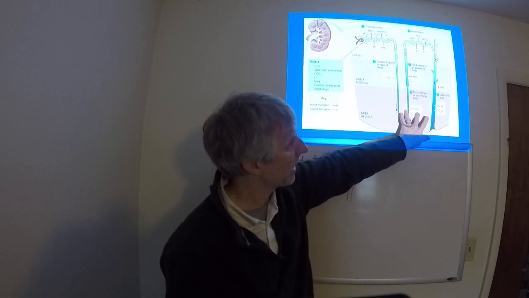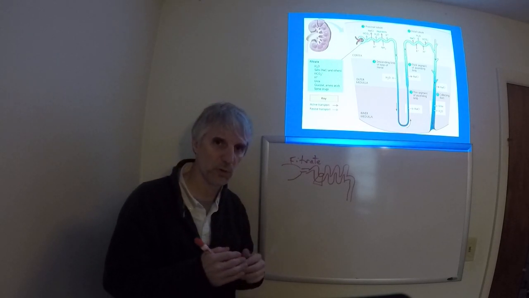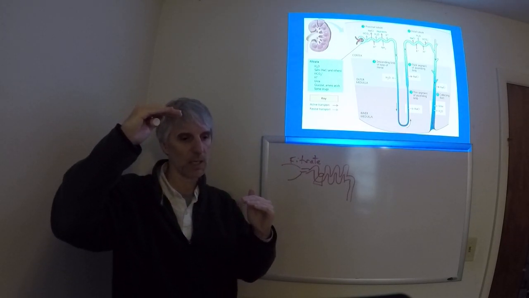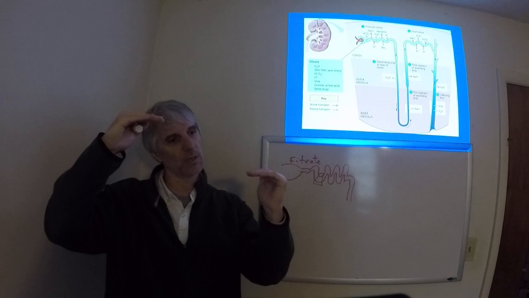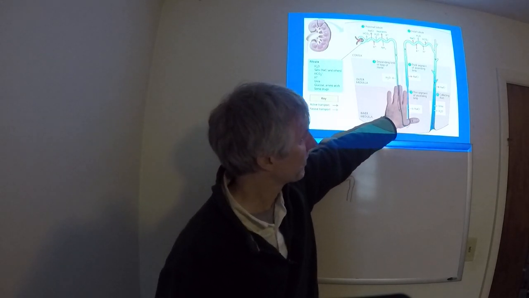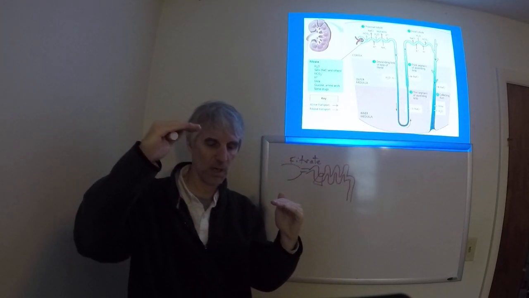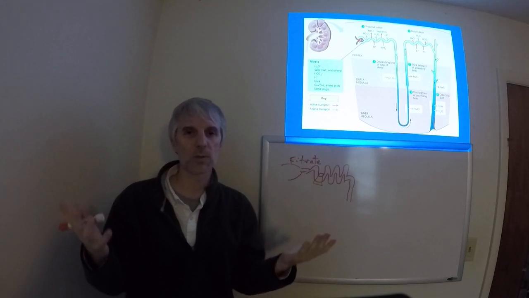And as we increase that concentration, we get less water movement, because as we increase the salt concentration of the medulla, more and more salt is moving, so the concentrations are starting to become more equal to each other.